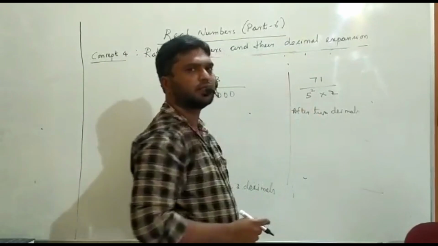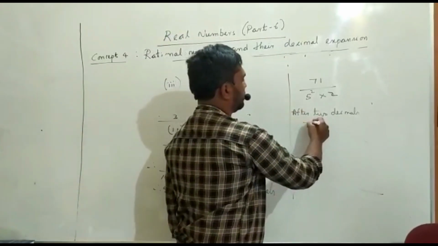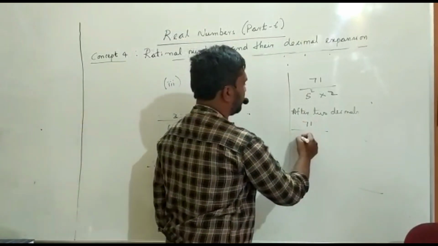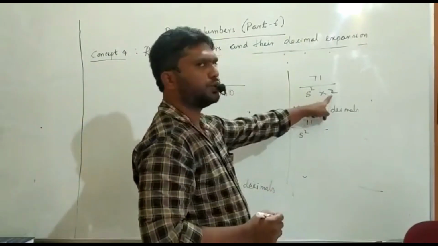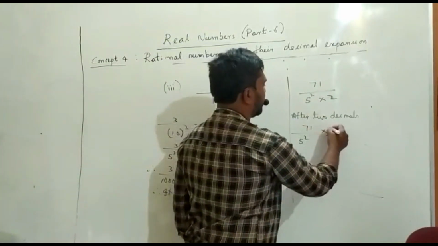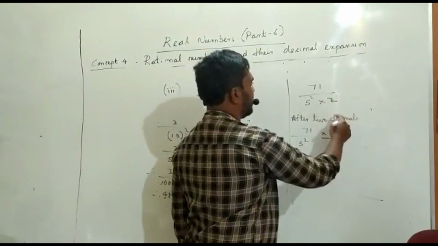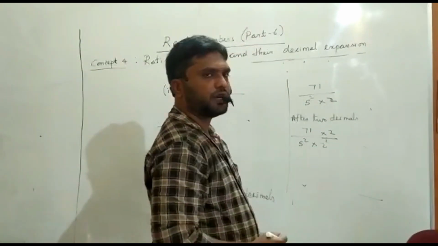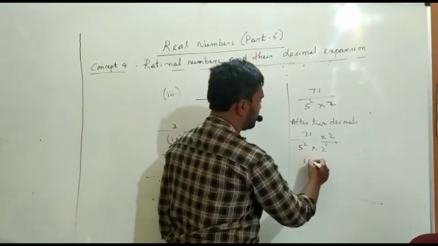If you want this in the form of a decimal expansion, 5 square, this 2 also you have to make in the form of 2 square. So multiply by 2 and divide by 2. If you divide by 2, it becomes 2 square. 71 into 2 is 142.